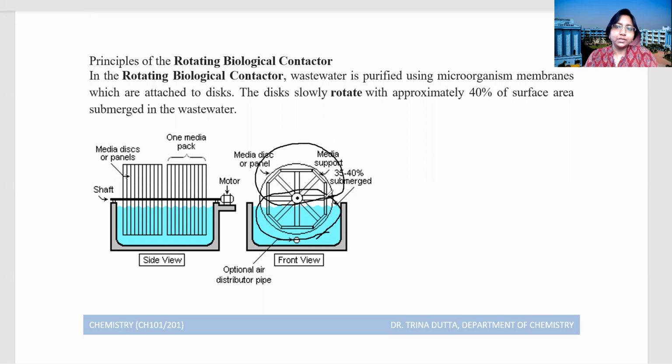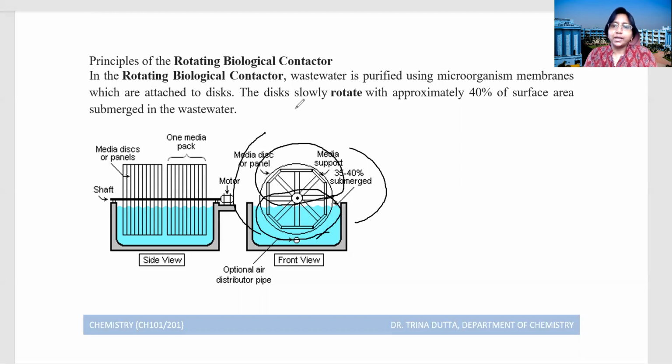As it is rotating, the upper section will come down and the lower section will come up. In this way, the lower section again will get the oxygen, and the upper section will be immersed in the water, which already has a sufficient amount of oxygen, and the decomposition will take place.